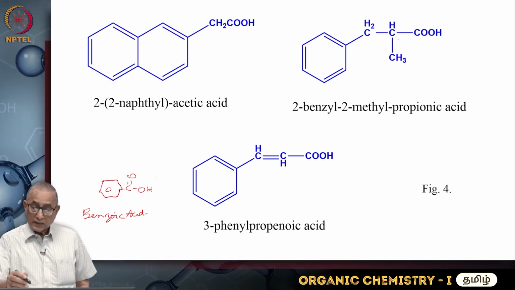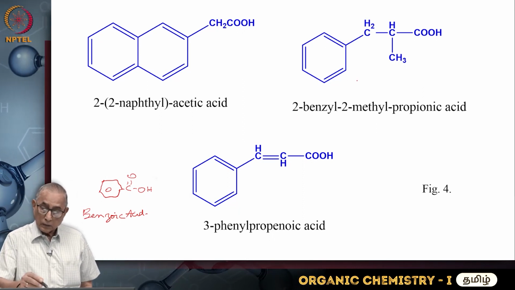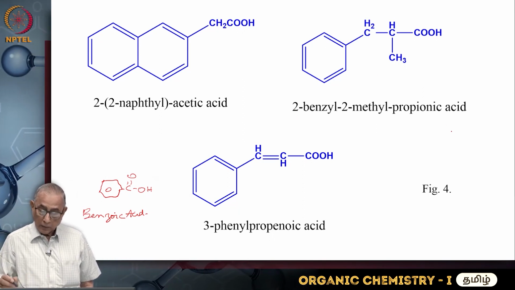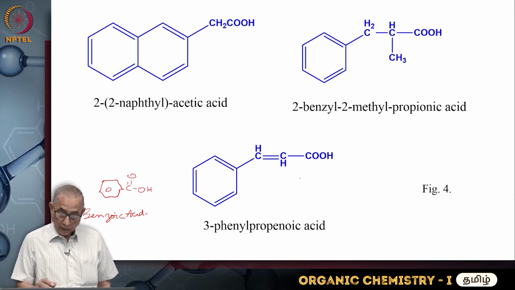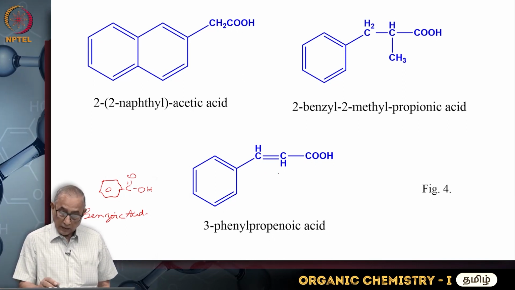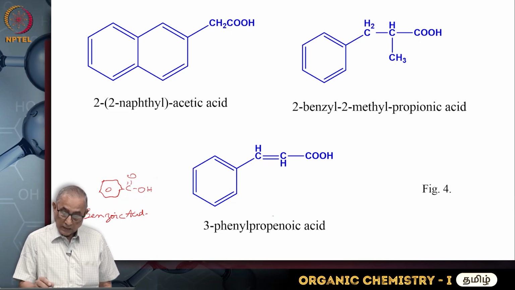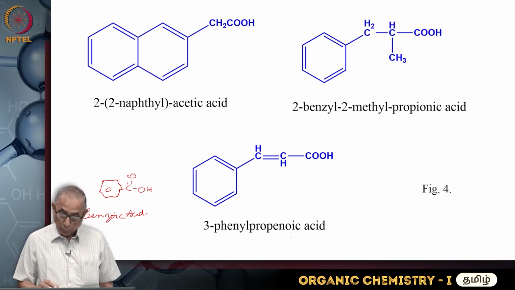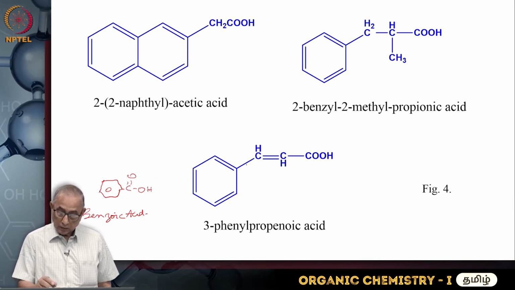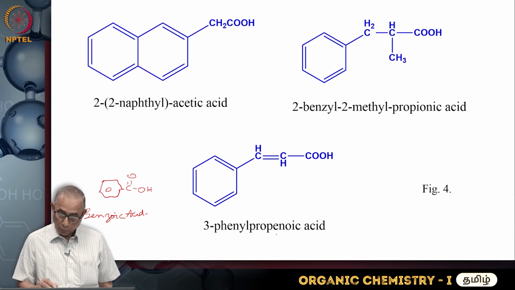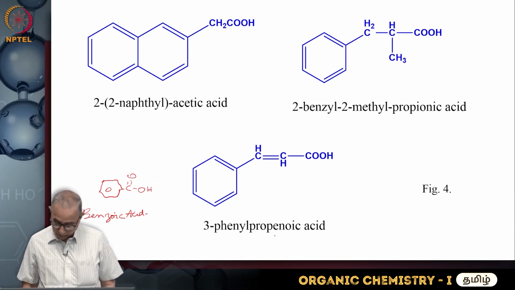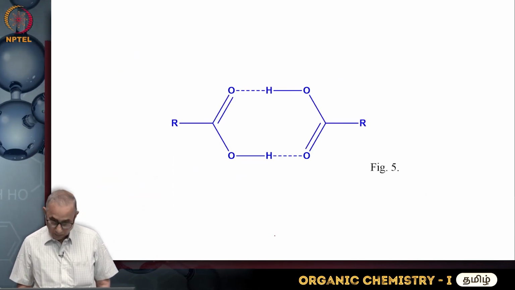This is 2-benzyl. At the 2 position, you have the benzyl group, 2-methyl propionic acid. And here, just like before we saw acrylic acid, you have a double bond. This is a benzene ring. This is 3-phenyl propenoic acid, showing the double bond. Propene is the ending for the double bond.